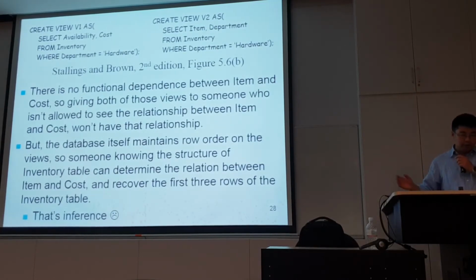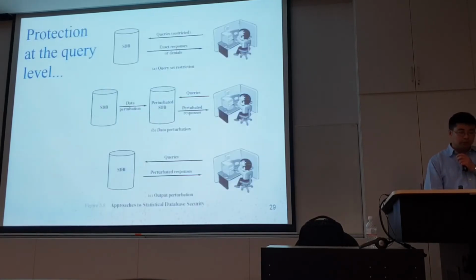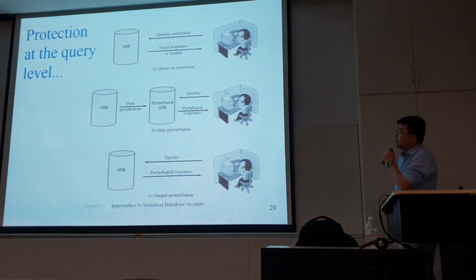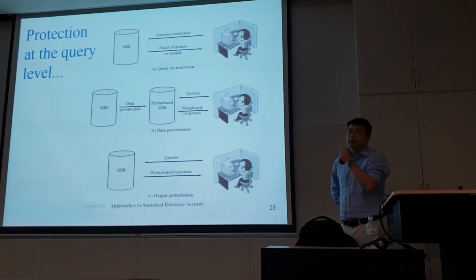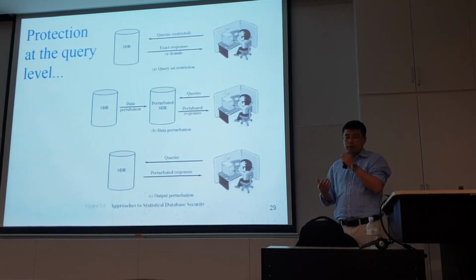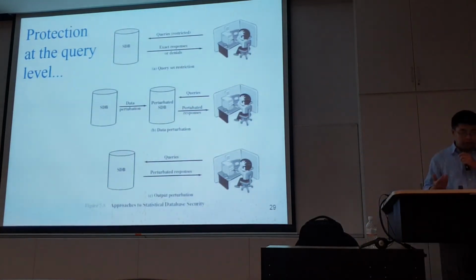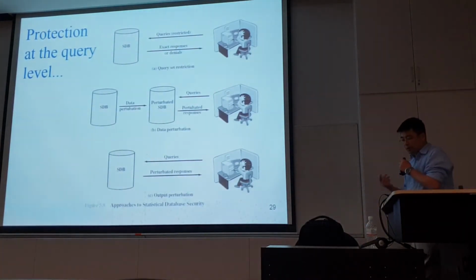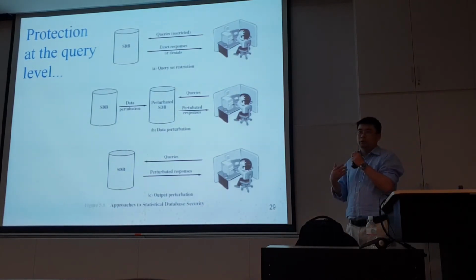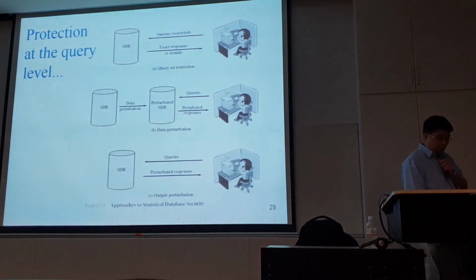But anyway, inference may still occur even if you do this kind of access control. So another method is to reject the queries, right? We identify the queries that may lead to inference, and we can reject the query, or we try to produce some solution which can prevent this kind of inference from happening, right?